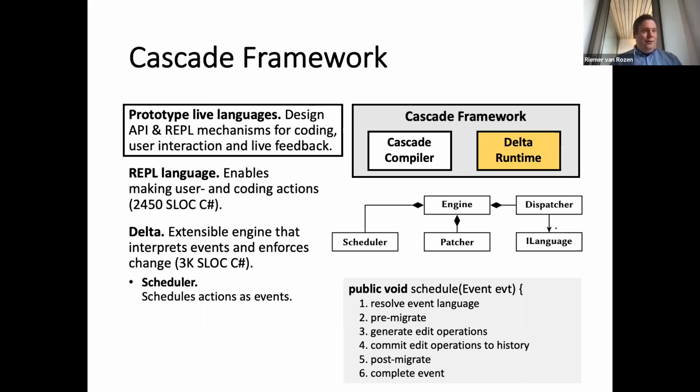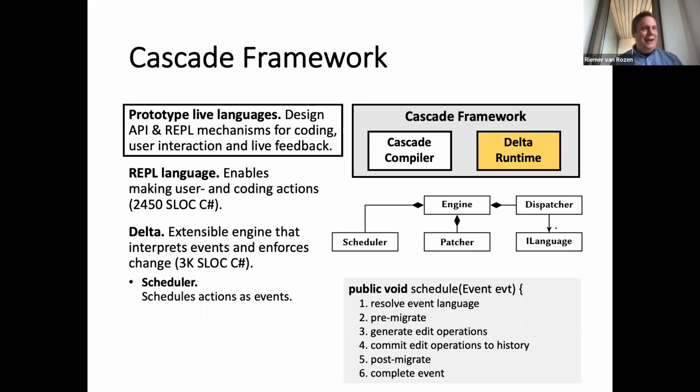And of course, this is a recursive algorithm. So with the pre-migration, it means that it makes events go first. But the weird thing is that you can schedule an event that has side effects that happen before your event happens as a result of that event being scheduled.